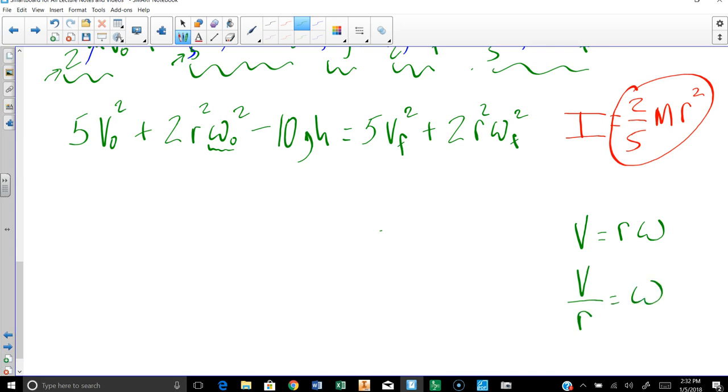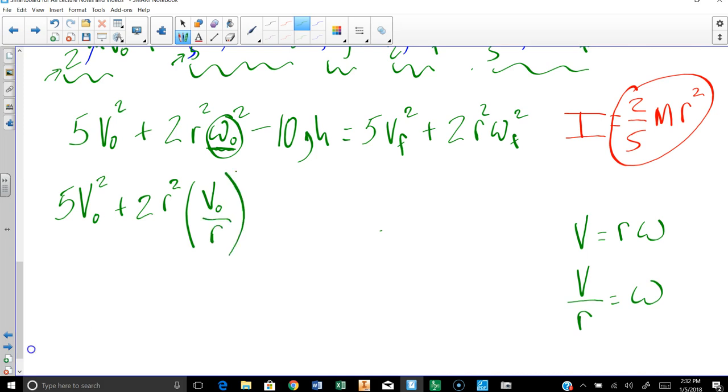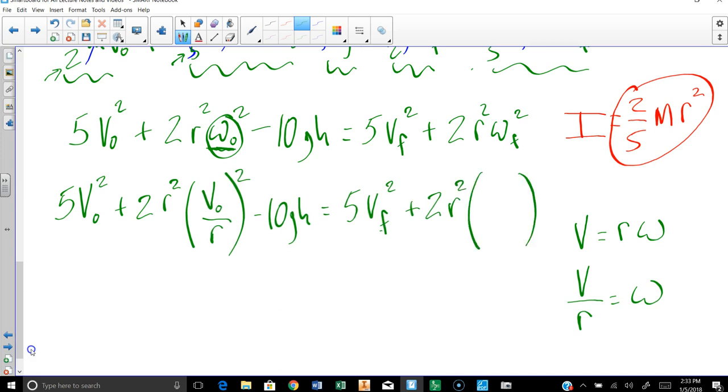So I'm going to replace this as follows. 2 times R squared times omega is going to be v original, the original translational velocity, divided by the radius, that whole thing squared. Minus 10gh equals 5 v final squared plus 2 r squared. What goes in here?